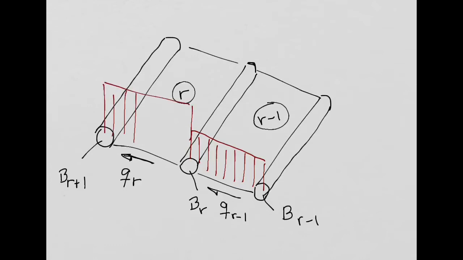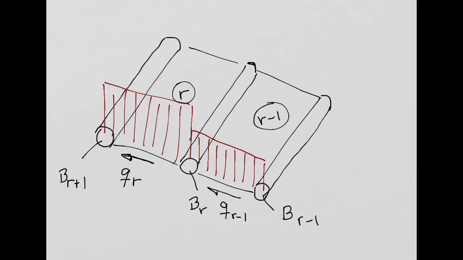So still constant in skin R, but when I go from skin R minus 1 to skin R, I have to cross that boom in the middle. And then by crossing the boom, there is going to be a variation in the shear flow. So QR is going to be different from QR minus 1.